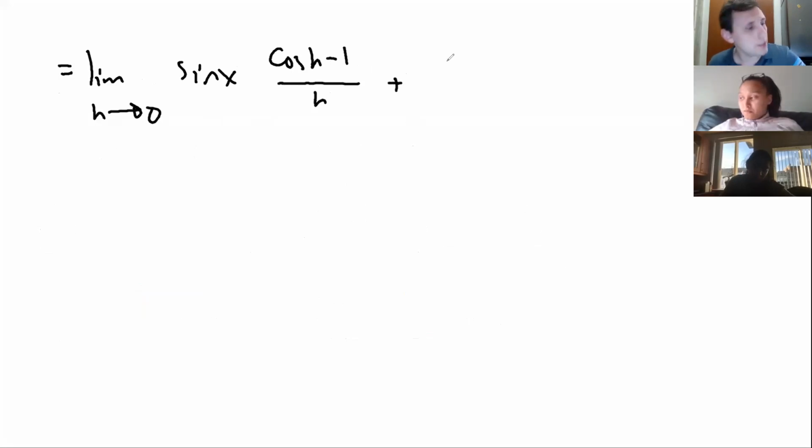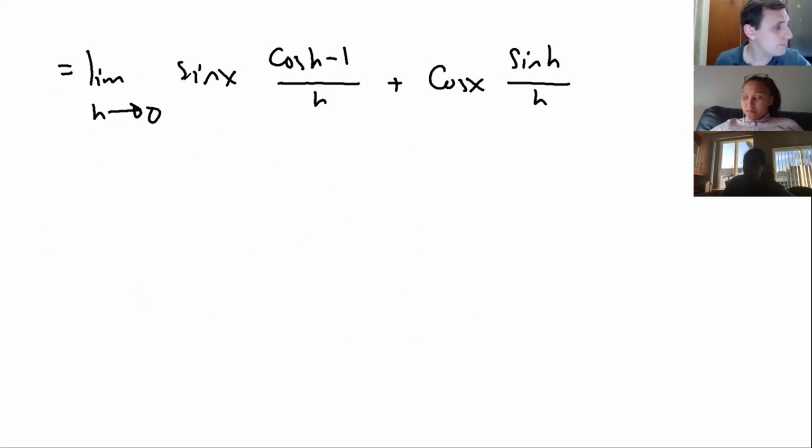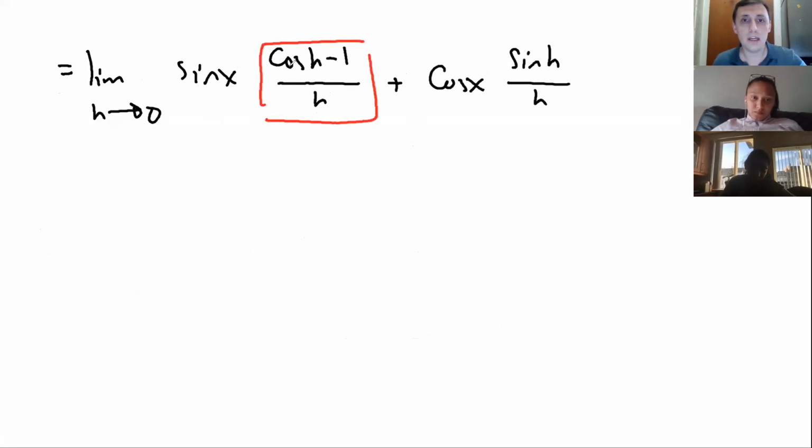We can factor out cosine x, and we see sine h over h. Good. So this is what happened to the red part, and this is what happened to the blue part.